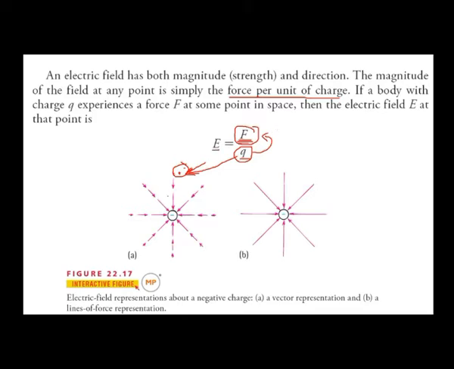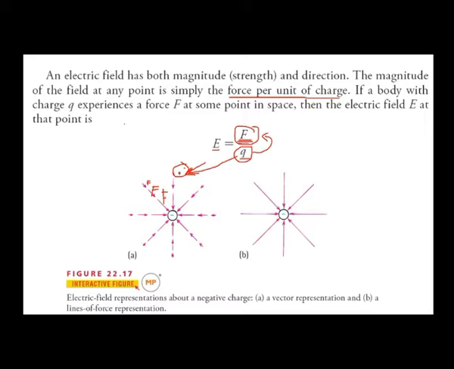If you observe the arrows, from a shorter arrow to a longer arrow, the nearer to the electric charge, the greater the force. So the greater the force, the greater the intensity of the electric field.